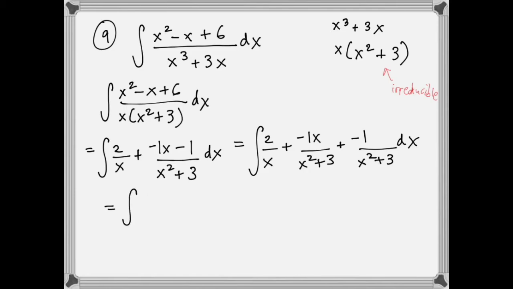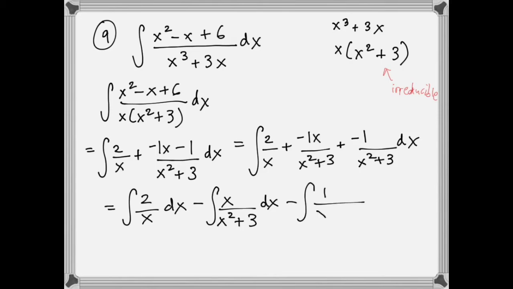The first integral is just going to be 2 over x. And then the second integral is going to be, I pulled the negative out that time. And then the third integral is going to be 1 over x squared plus 3.